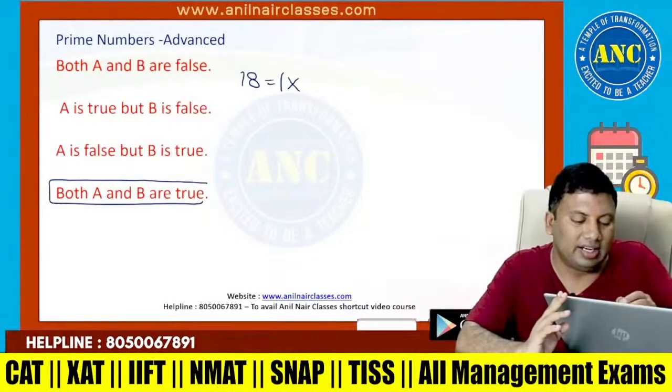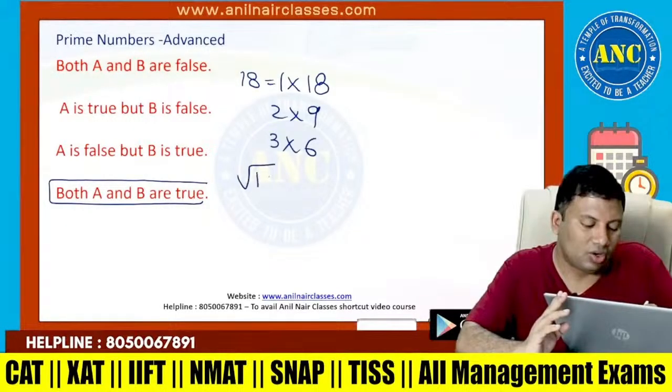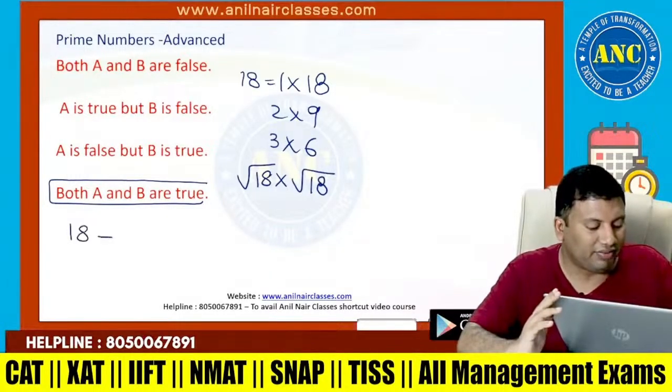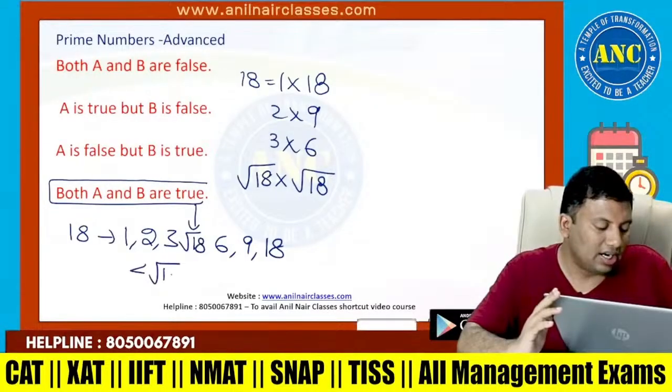Take 18. 18 is nothing but 1 into 18, 2 into 9, 3 into 6, and root 18 into root 18. The factors of 18 are 1, 2, 3, 6, 9, 18. I will insert root 18. Are there any factors less than root n?